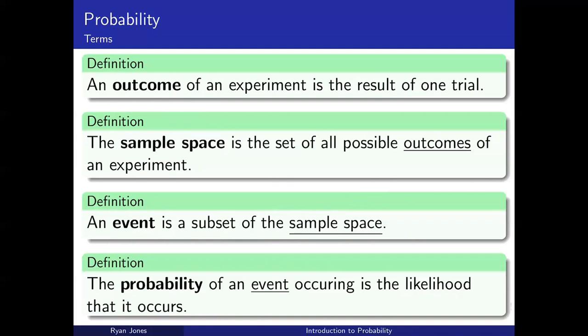And the probability of rolling an even number would be 50% because I can roll a two, a four, or a six. So there are some terms. Most of the time, we'll just be talking about event and probability of an event, but it's good to know that an outcome is just the result of one trial, and the sample space is the set of all possible outcomes.